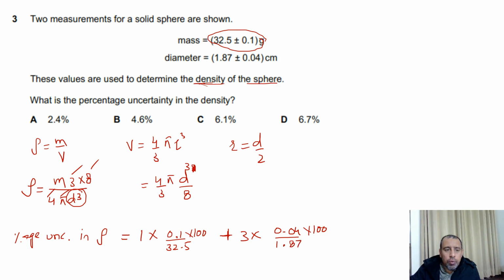As you know, we ignore these constants while finding the percentage uncertainty, and we will not change these units to SI units, because in percentage uncertainties the units will cancel. So by solving this, the answer is 6.7%.